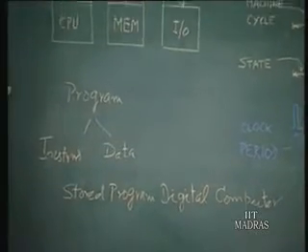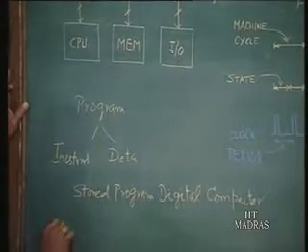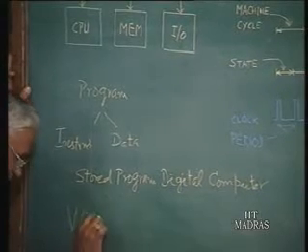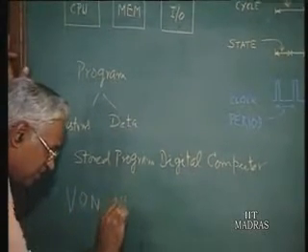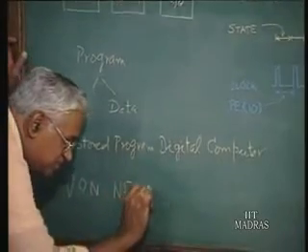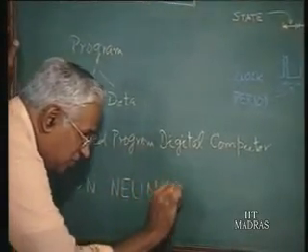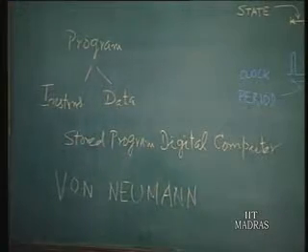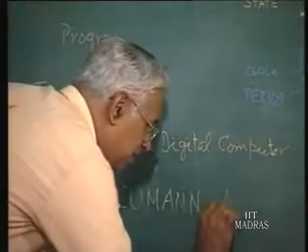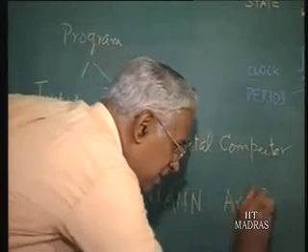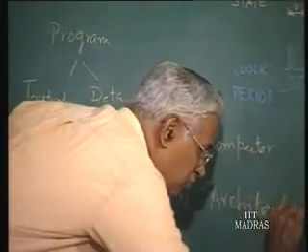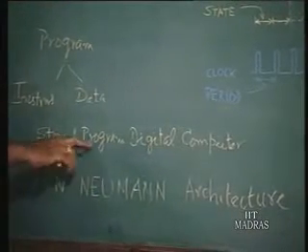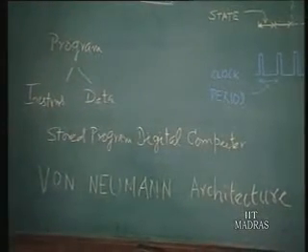Fine? Good. Now that in fact points to what we know as the von Neumann architecture, because it was a mathematician by name John von Neumann who had thought of this particular thing, that is storing the program in the memory and executing it.